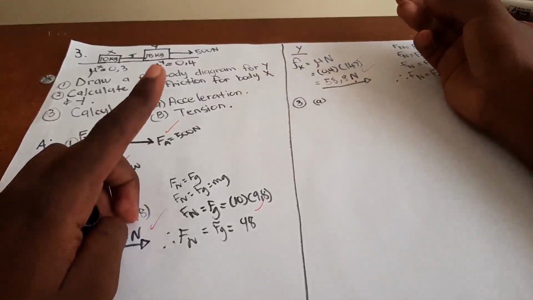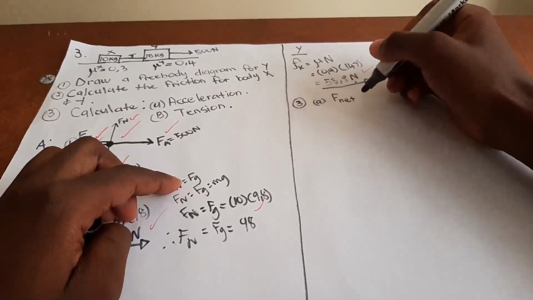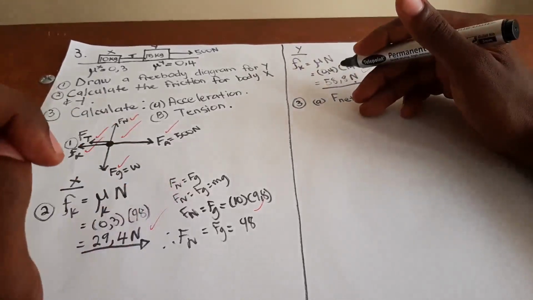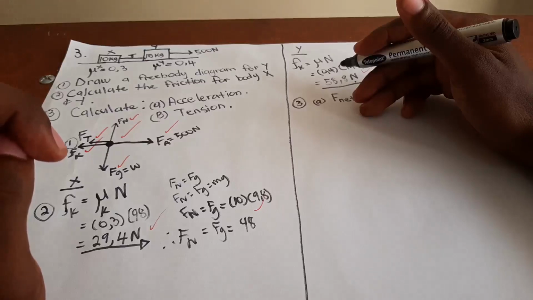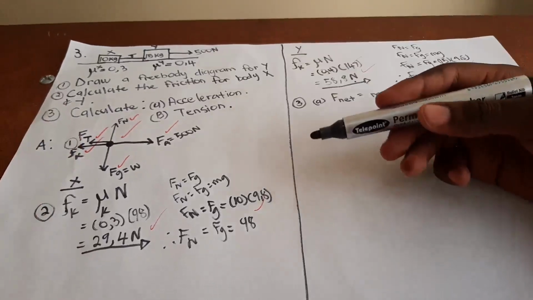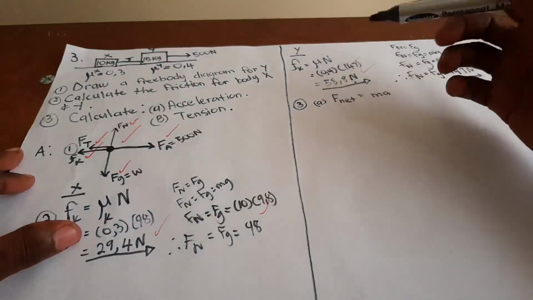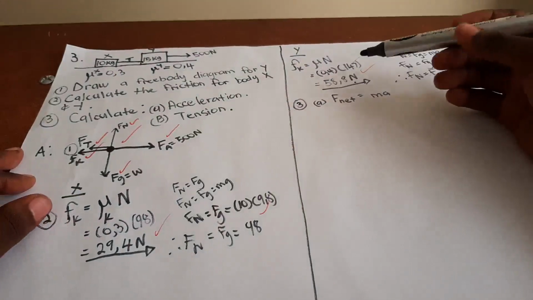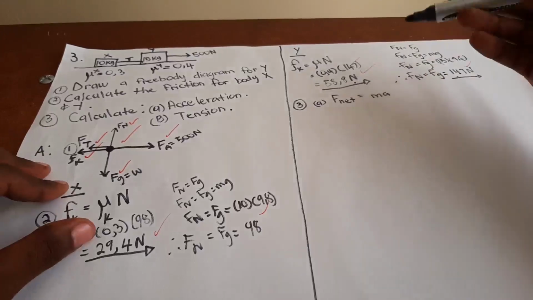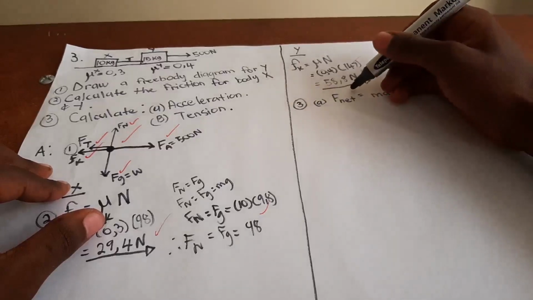To answer number 3, calculate the acceleration. You know, net force, or F net, is equal to ma, which are the forces that are acting. Let's start with x. F net is equal to ma, for x.